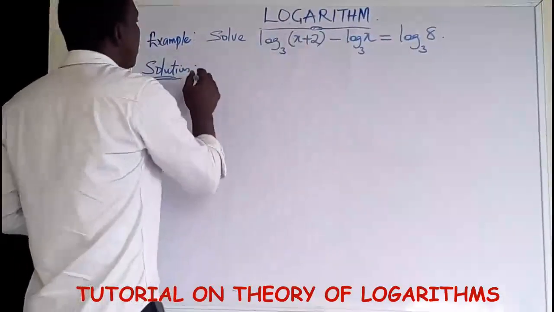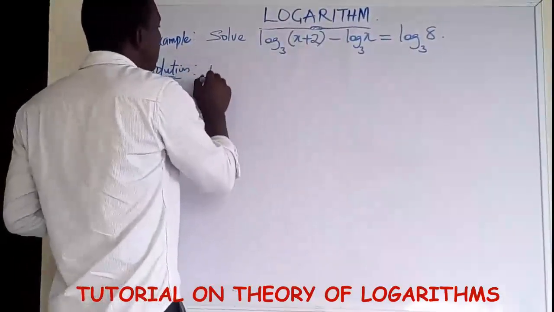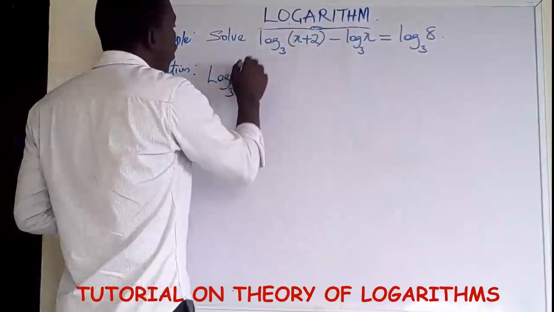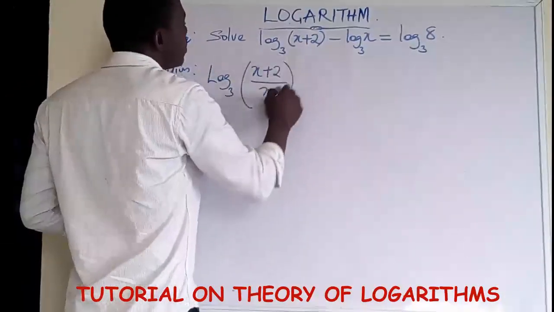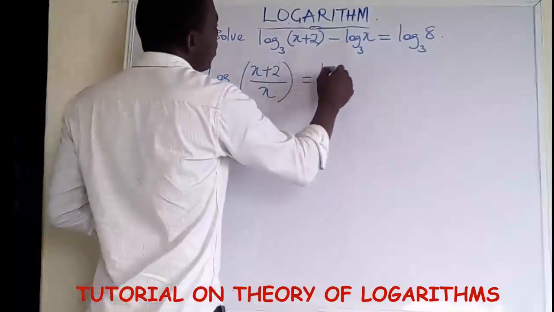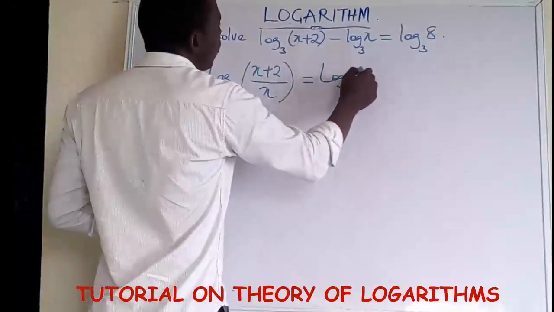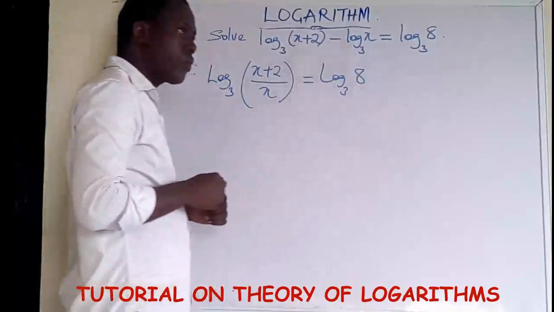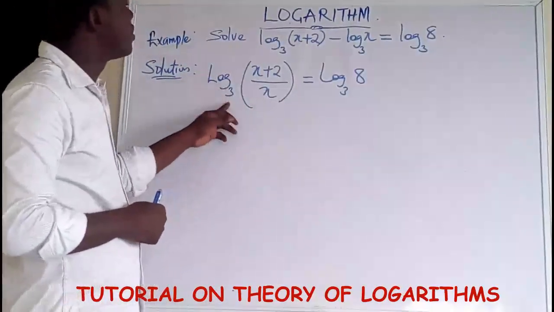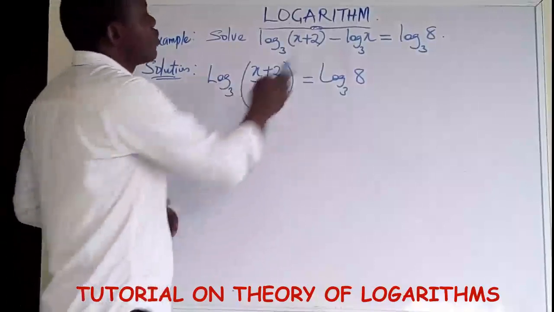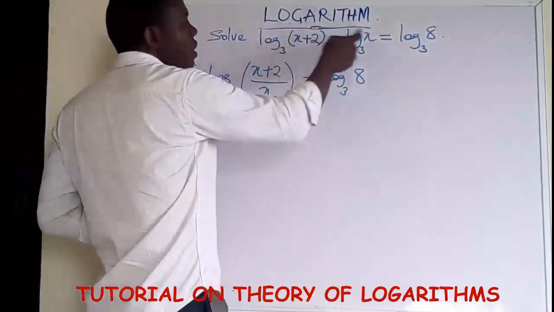We can rewrite this one as log to the base 3 of x plus 2 over x equals log to the base 3 of 8. What we have is log to the base 3 of this, because this one is a minus, so we can say this one divided by this one.